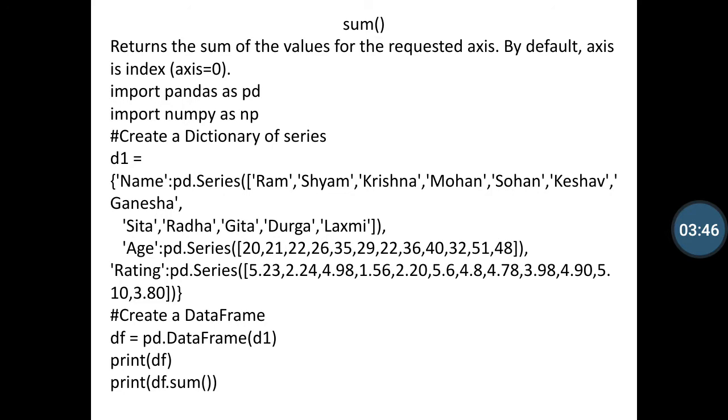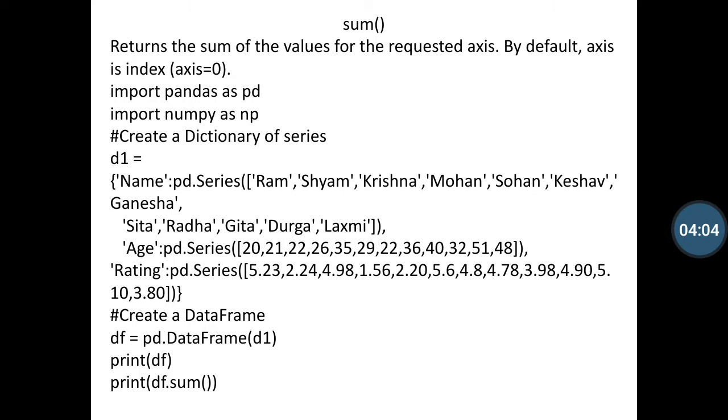Then I use the sum method in our example. It returns the sum of values for the requested axis. By default, the axis is index 0.